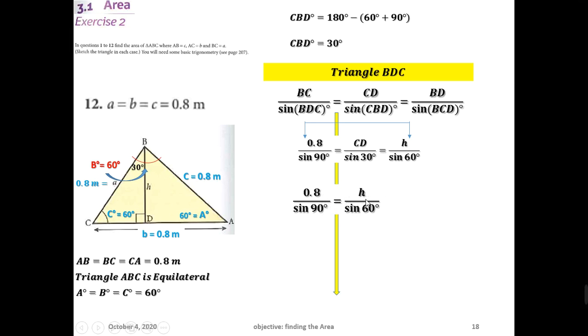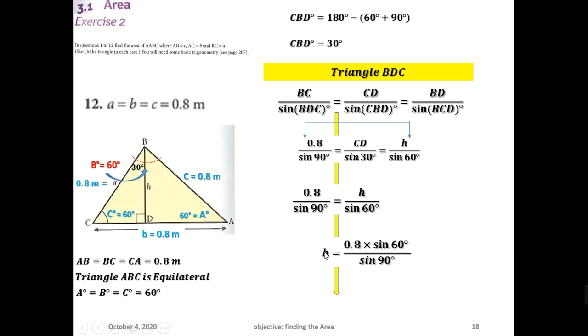What is the H multiplied by? It's multiplied by sine of 90. So sine of 90 is going to go down as the denominator. The other two numbers are going to go up to the numerator multiplied by each other. So it's going to be 0.8 times sine of 60. So H is equal to 0.8 times sine of 60 over sine of 90.